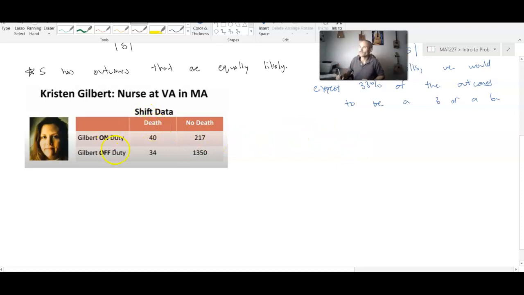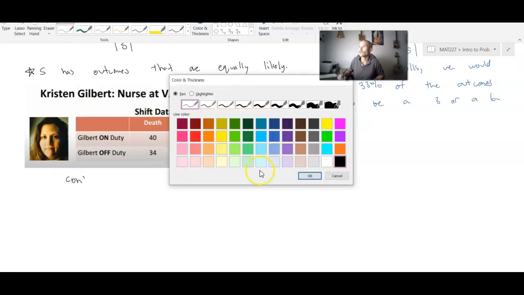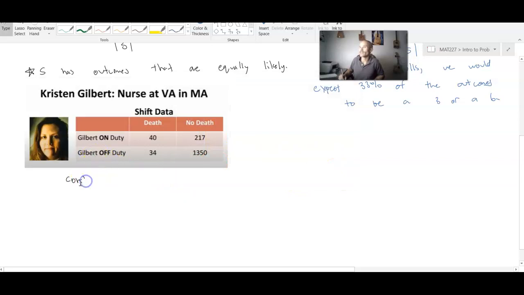This is the data that was reported during a short period of time, shown in what we call a contingency table. A contingency table just shows certain outcomes and how frequently those outcomes occur.